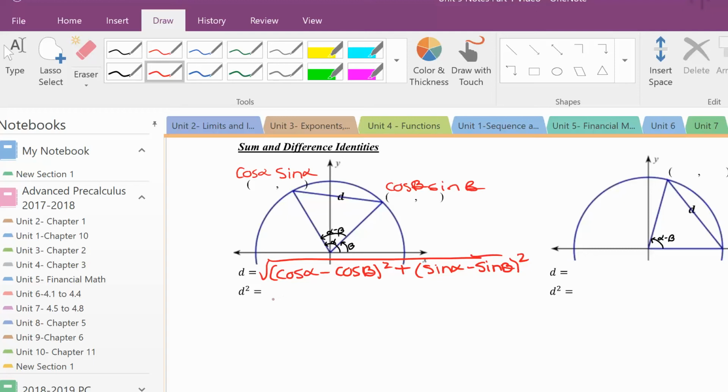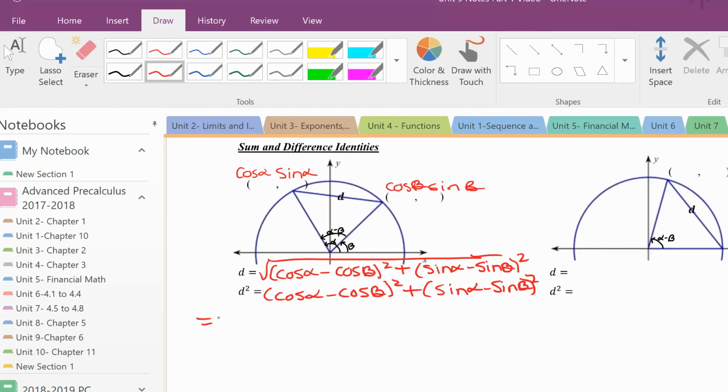Then if you square it to get rid of the square root sign, you just get cosine alpha minus cosine beta squared plus sine alpha minus sine beta squared.